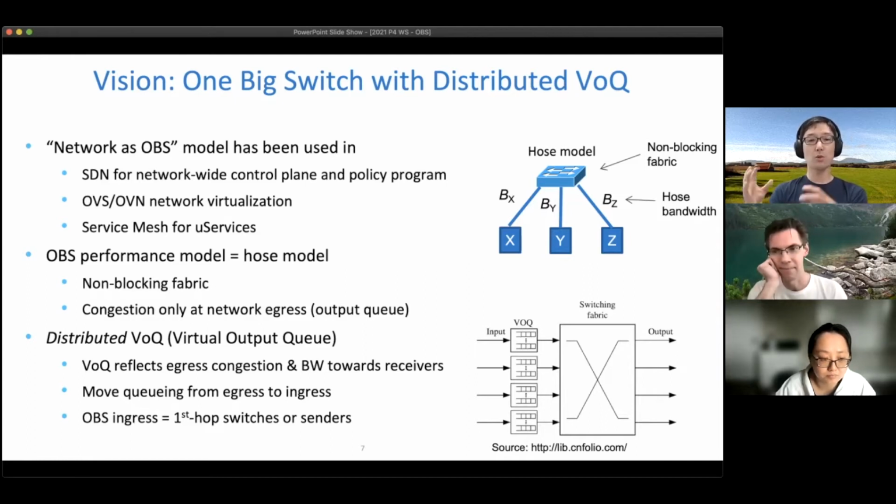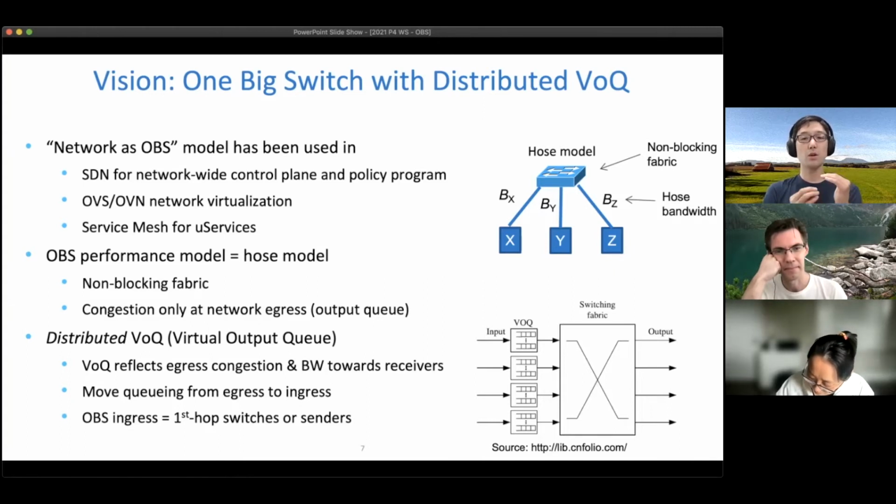But the reason why we are calling this distributed VOQ is that in the one big switch model, it's not really one physical switch. We are talking about a fleet of network switches. So the network egress side congestion and bandwidth information has to be communicated to the ingress, so the VOQ abstraction in the ingress can correctly reflect such egress side congestion information or bandwidth availability information.